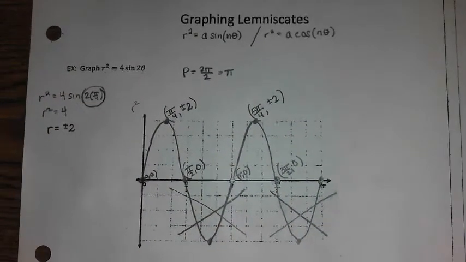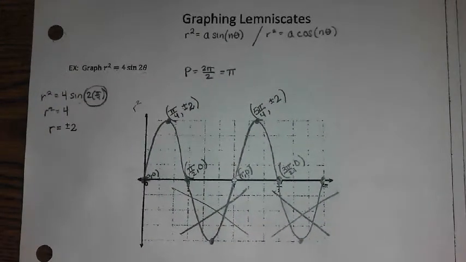Stephen, did you have a question? Yeah, there are symmetry tests with even, odd. Sine is odd. Two-dimensionally, that means it's symmetrical with the origin.